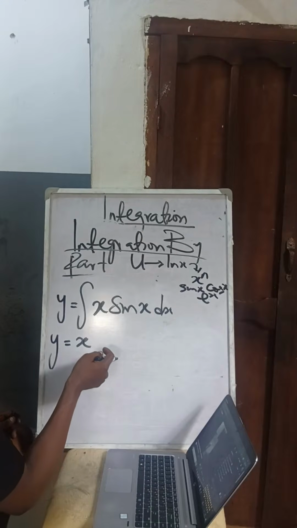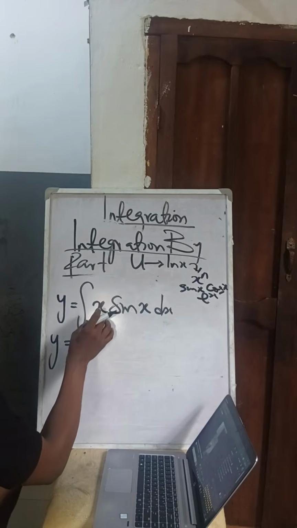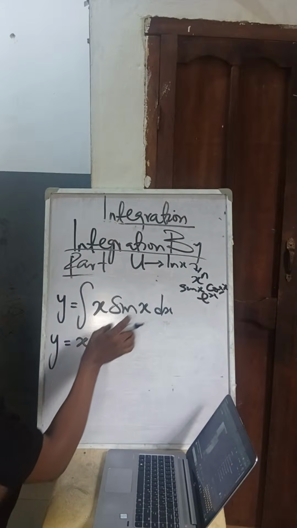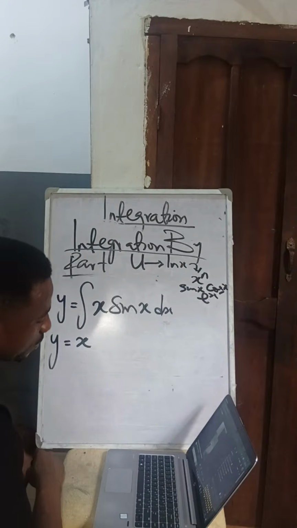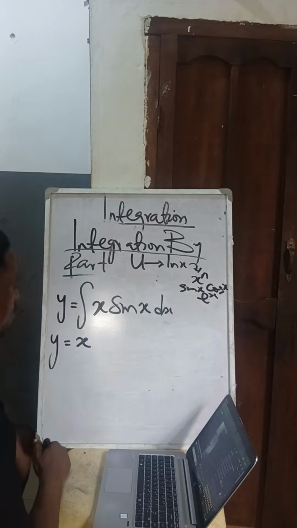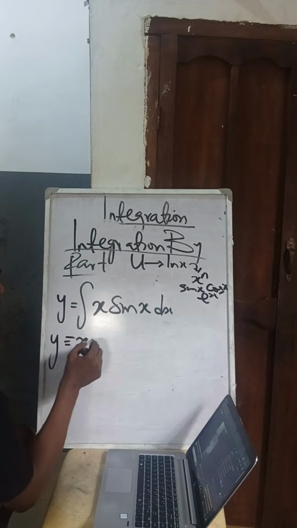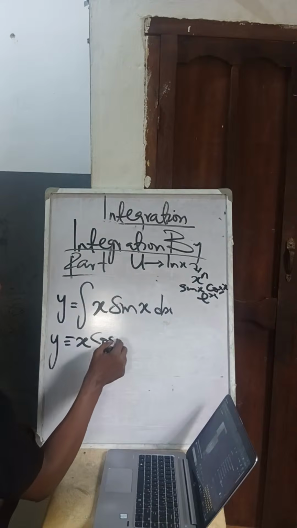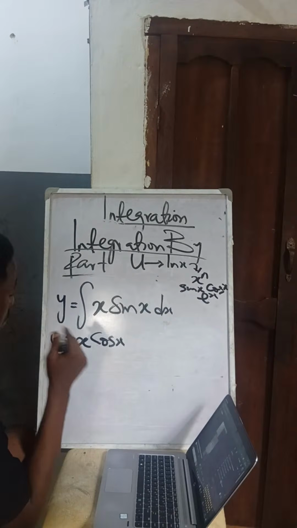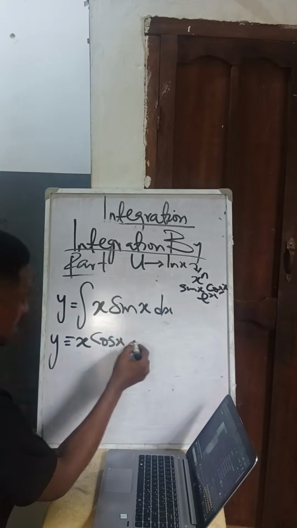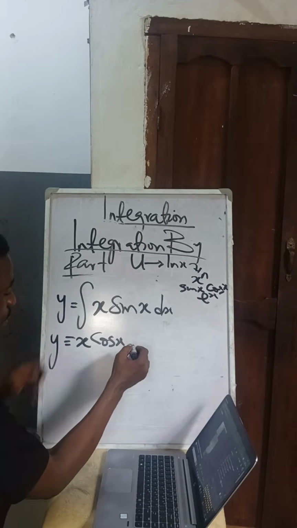You write x, put it down, integrate sine x. You have minus cos x. So we have minus already here, but minus times minus is plus.